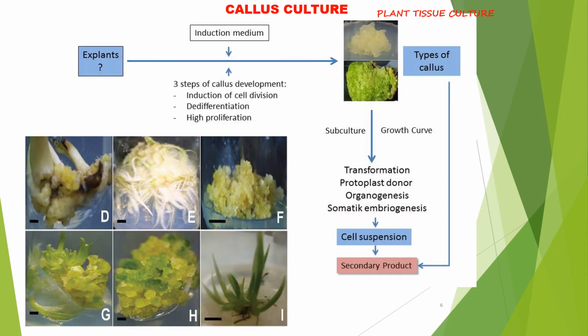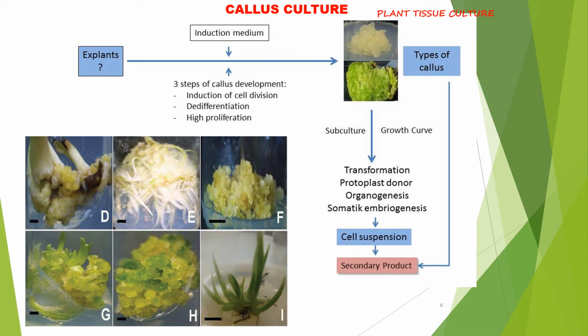The flowchart here summarizes the different ways a callus can be utilized in plant tissue culture. The explant, when inoculated in the induction media, induces cell division, dedifferentiation, and high proliferation to form undifferentiated mass of cells known as calli.